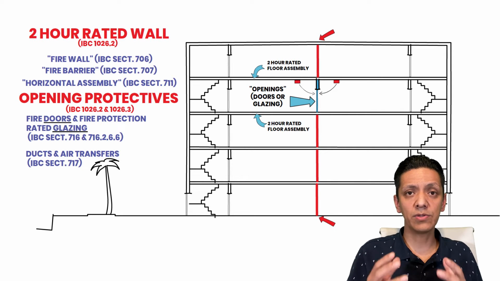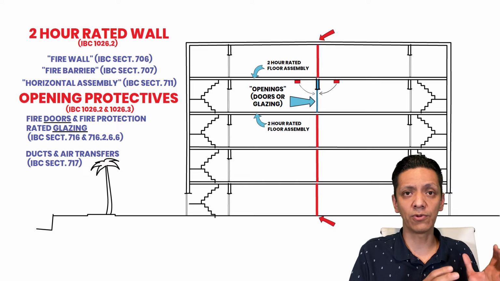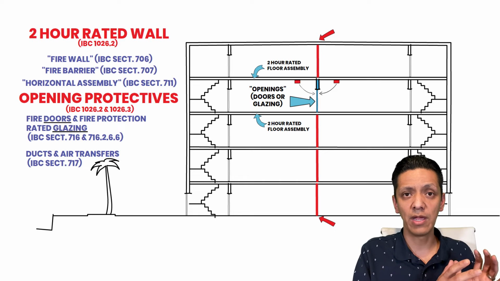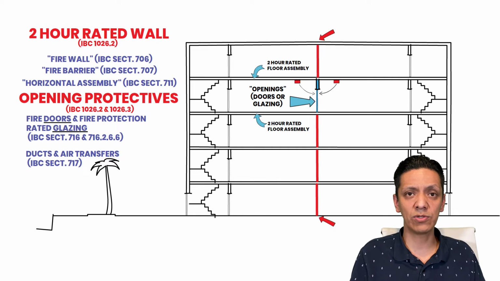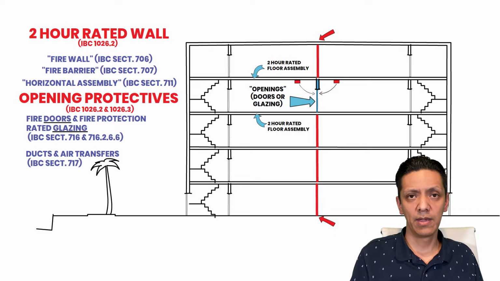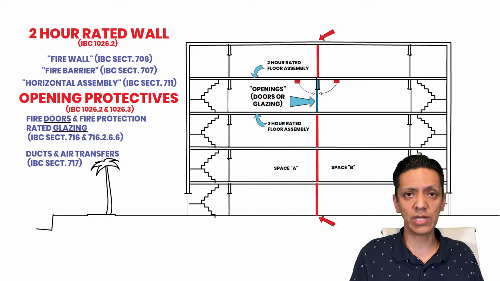The horizontal exit must have sufficient space. And it just makes sense because you are taking all the people on half of the floor or whatever section of the floor, and you're moving them into the other section of the floor. So you have to make sure that you have enough space to fit those people. In this instance, space A and space B are being used as each other's horizontal exit.